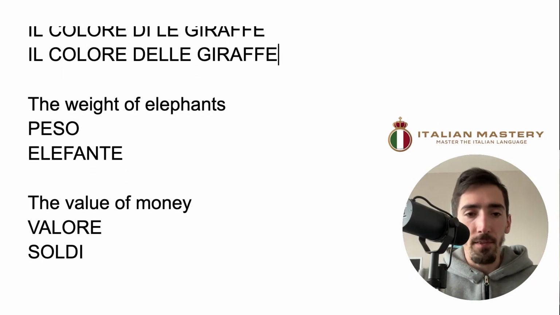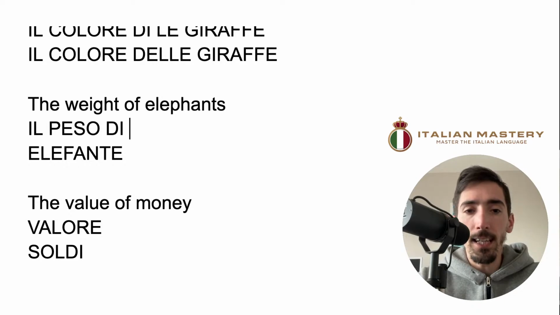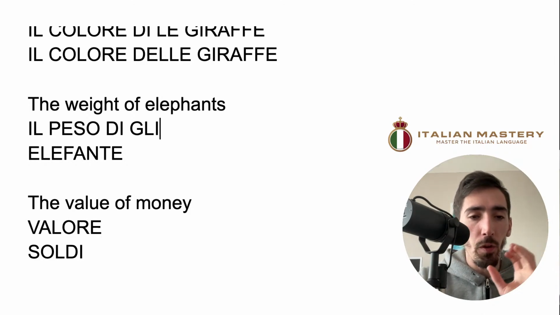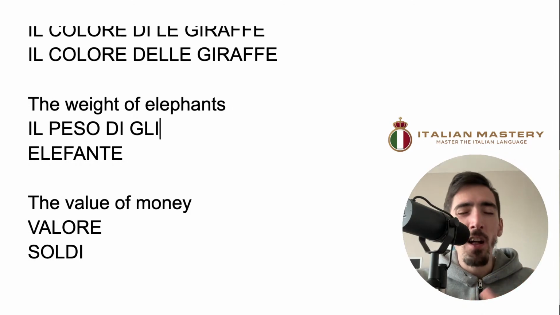The weight of the elephants. Now we're dealing with masculine words, right? Il peso di gli. Why gli? Well, we would have to look at all the rules to do with which exact definite article goes with the word based on how the word begins, if it begins with a vowel or not. Those rules are really boring, and we haven't focused on them in this video.